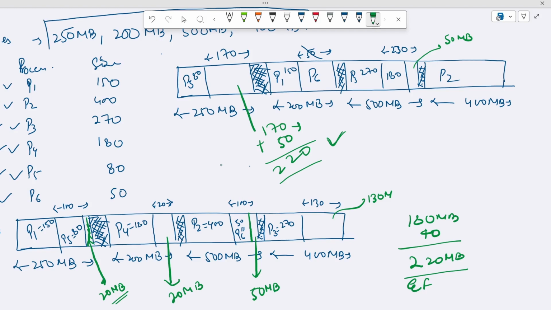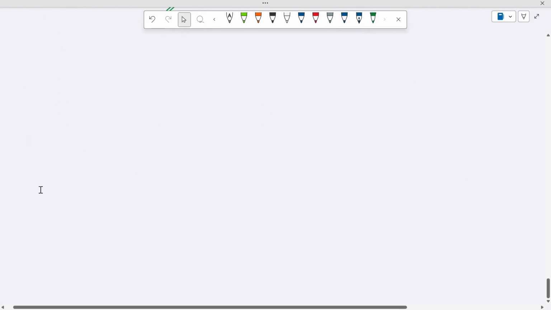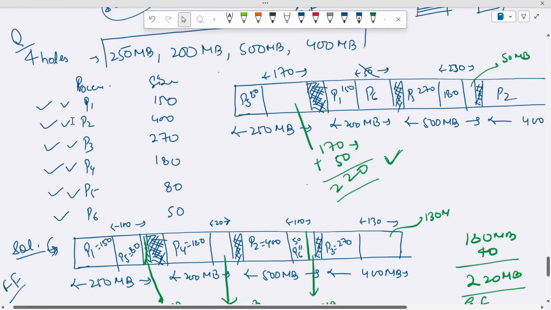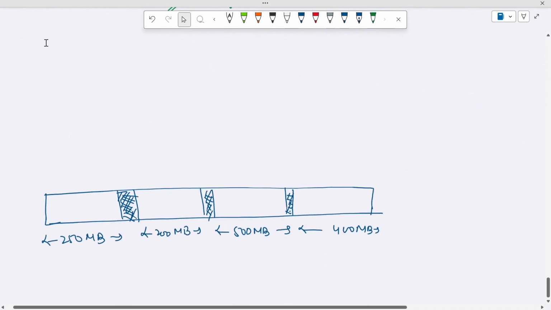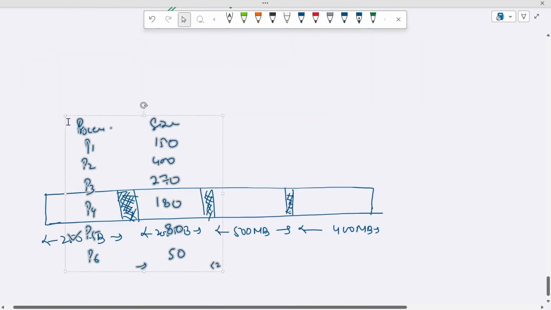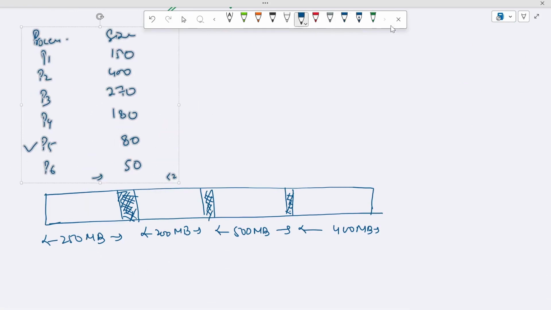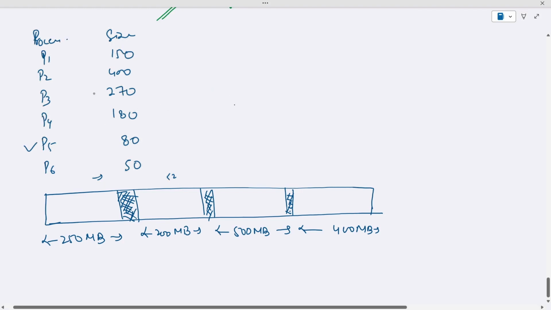Now let's solve this by worst fit. First of all, we have a process P1 that needs 150 of space.